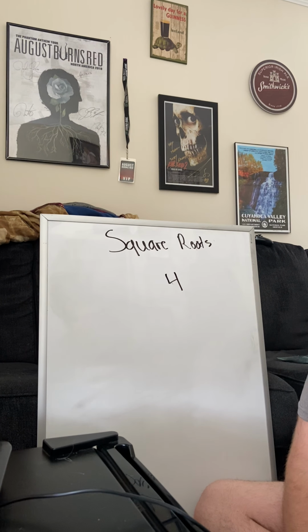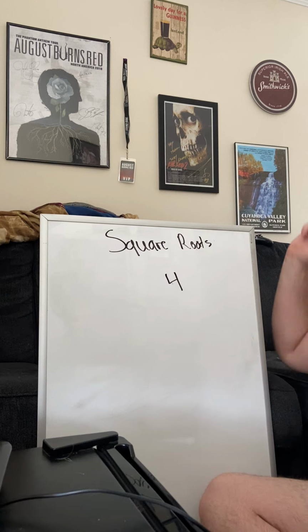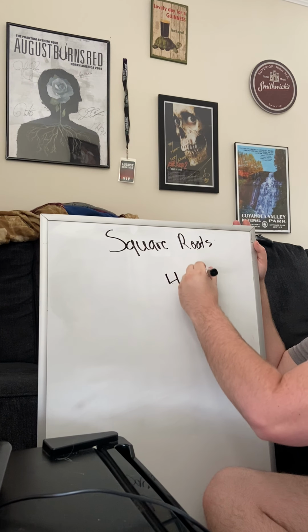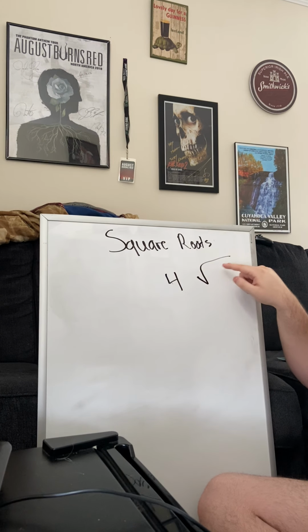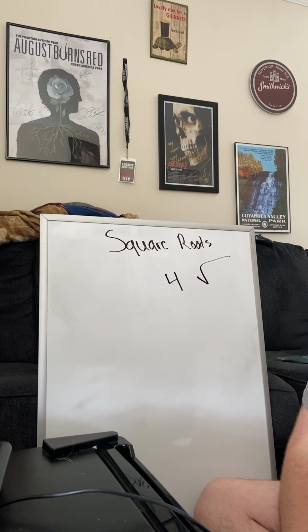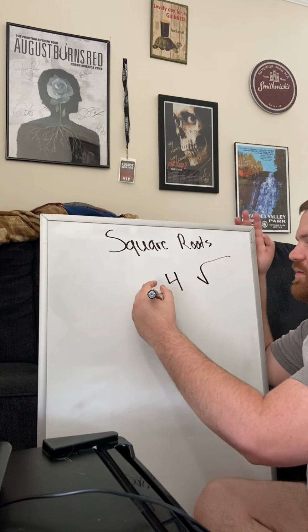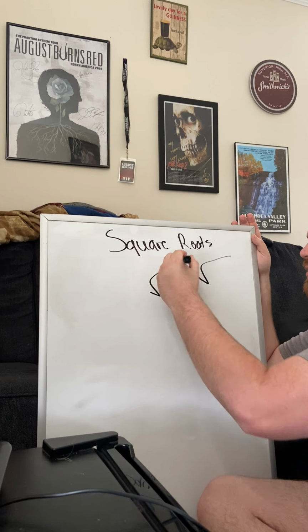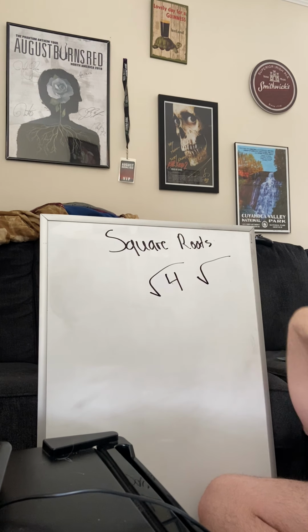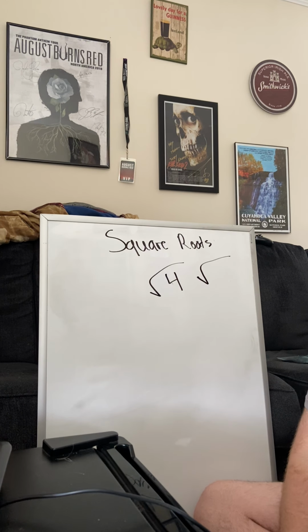Well, first off, the symbol for square root looks like the division sign with a little tail, okay? That sign goes over the 4. That's what tells me that I need to find the square root of 4.